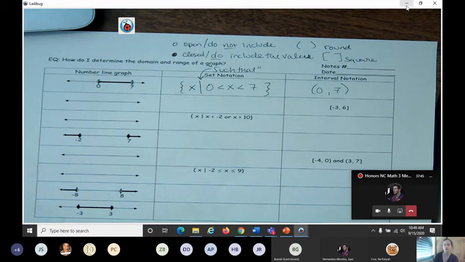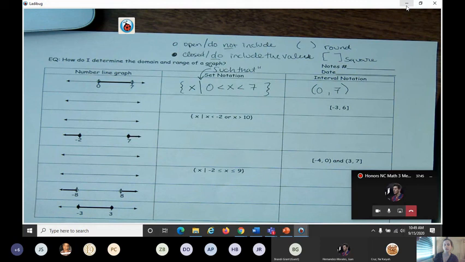All right, and then for the set notation here, this is going to be very similar to the one above because we have an interval between two values, just like we had up here. But this time I'm going to have X such that, this time, I need to use less than or equal to signs, and I'm using 6 and -3, because this time I have the closed circle.